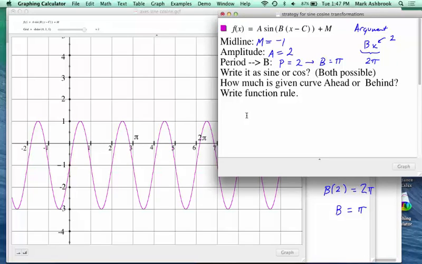F of x, yeah. Nathan, tell me. F of x equals 2 sine pi x minus 1.